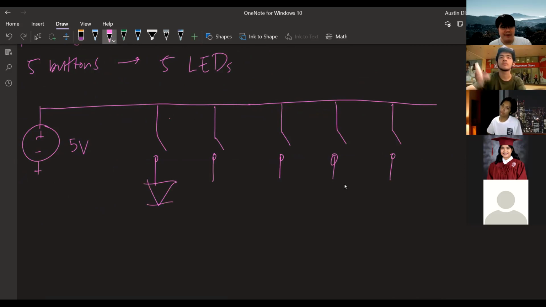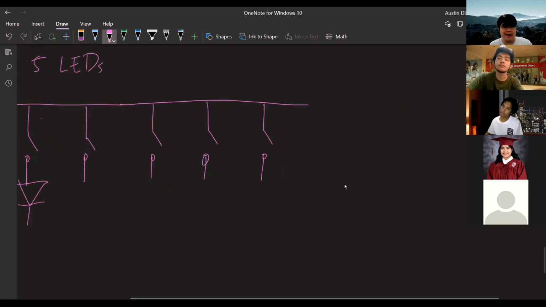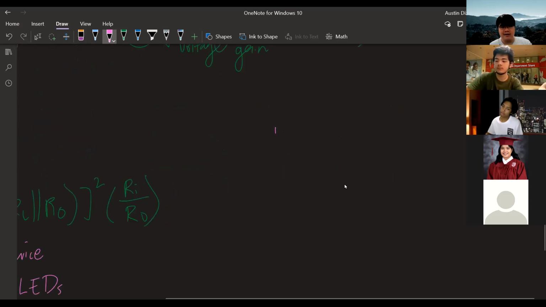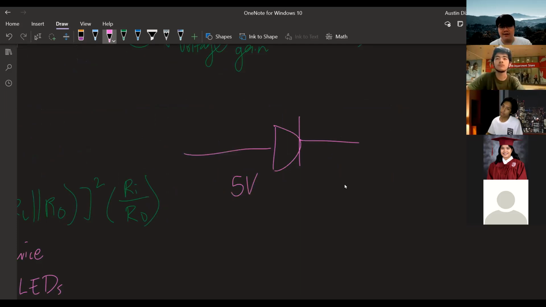Pero ang problema ko sa ganitong configuration, 5 volts yung dadaloy sa diode ko. And kapag gano'n nangyari, pag 0 nilagay mo dito or anything that is less than 5 volts, so diode is on.